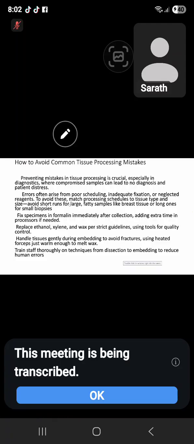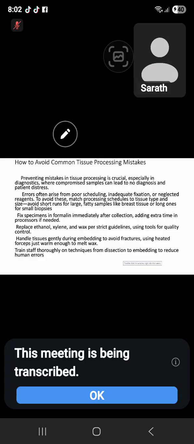If the tissues are large, it is better to go for long runs. That means don't do it in 6 hours or 8 hours. The whole cycle should go for at least 20 to 22 hours.